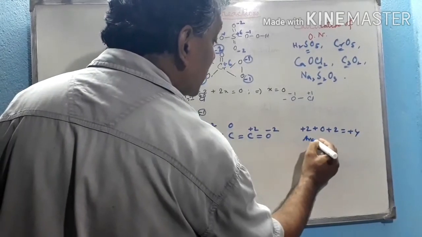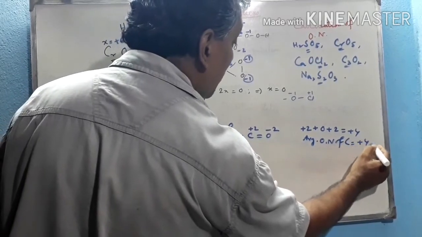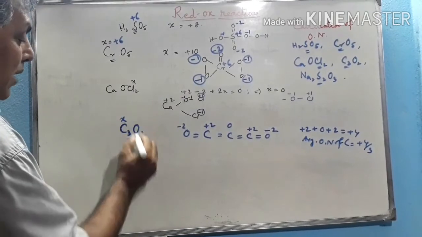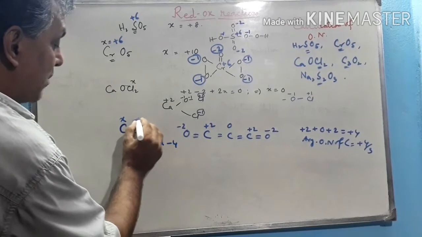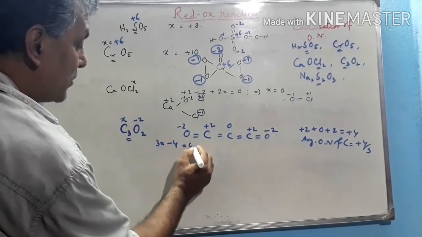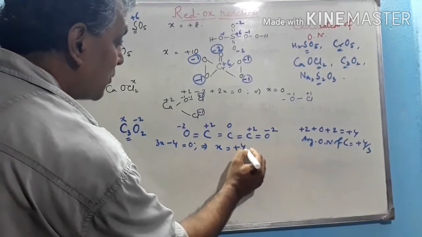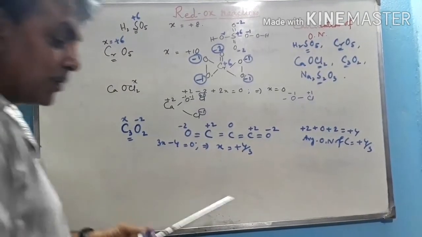Therefore, the average oxidation number of carbon here is +4/3. If we calculate by taking the oxidation number of carbon as X, then 3X - 4, because it is -2 into 2, equals 0. So from this we can calculate X equal to +4/3. Here also the average oxidation number of carbon is +4/3.